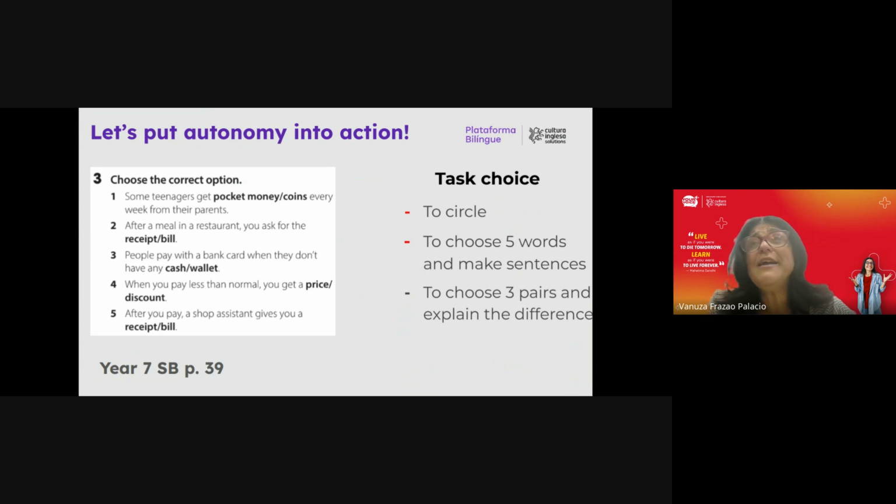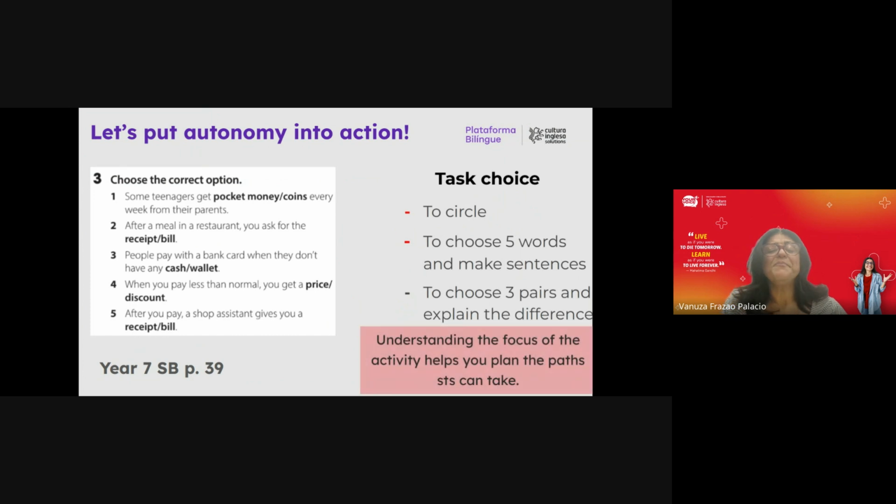However, if I have already studied English and I feel comfortable, circling is too easy for me, so I'm going to go for the most challenging one, which is choosing three pairs and explaining the difference, right? So not only are you catering for students' wants, but you're also catering for students' realities and needs, maybe, okay? So differentiation here is also worked on if you offer students choice, not only autonomy, okay?